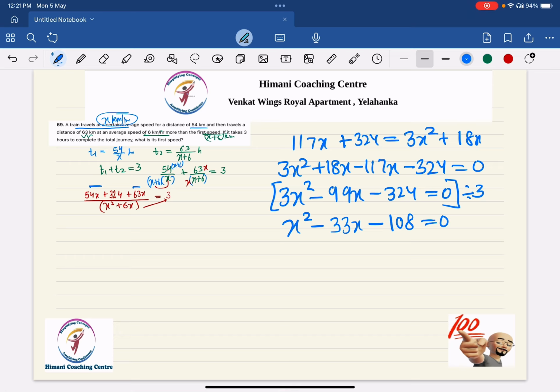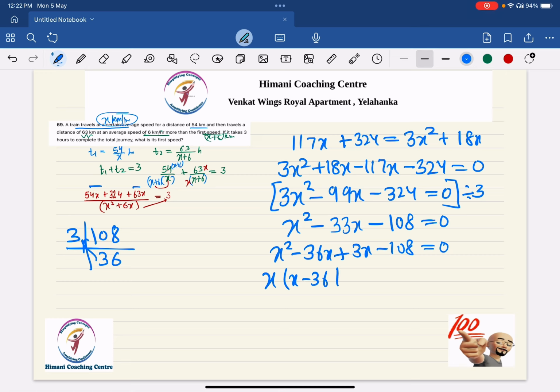Now 108, if you do the prime factors, so it would be 3 threes are 9, and in fact, this only gives me the answer. 36 and 3 can give me minus 33. I will do minus 36 plus 3. So I will have x square minus 36x plus 3x minus 108 equals, then we do x into x minus 36 plus 3 common, and again x minus 36.